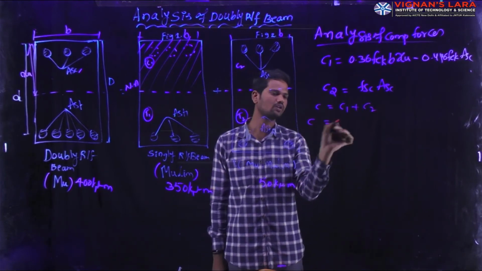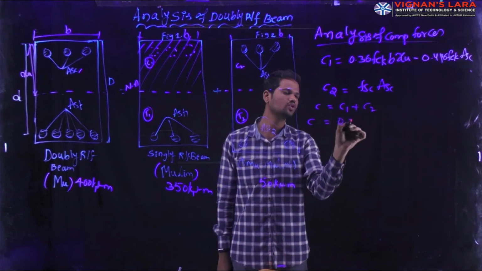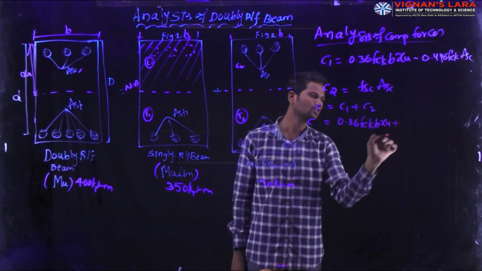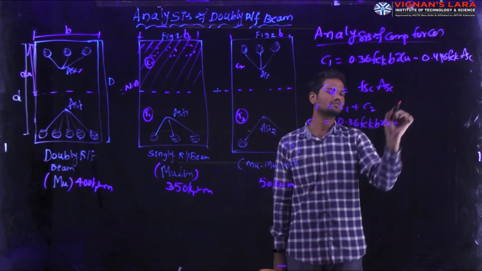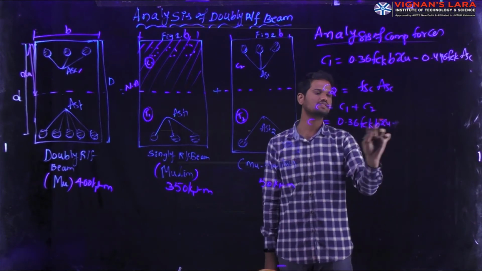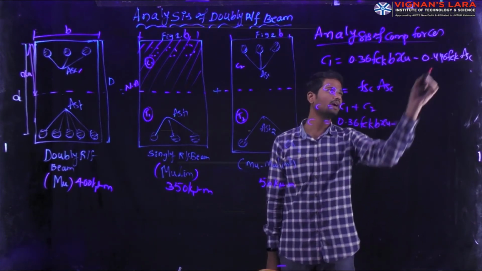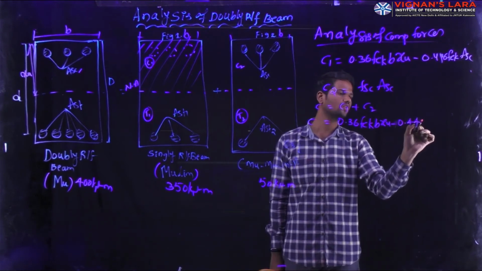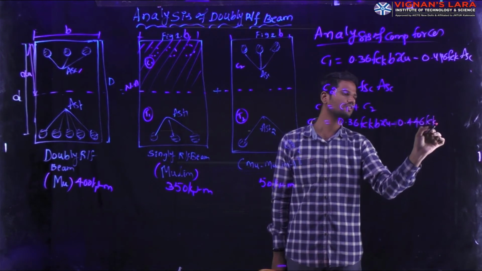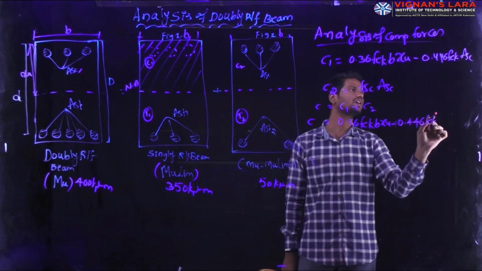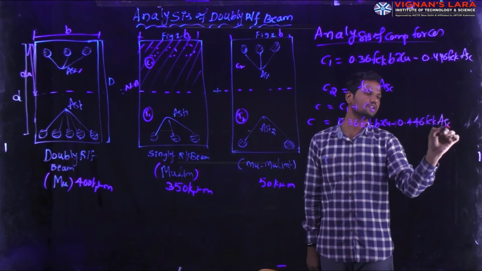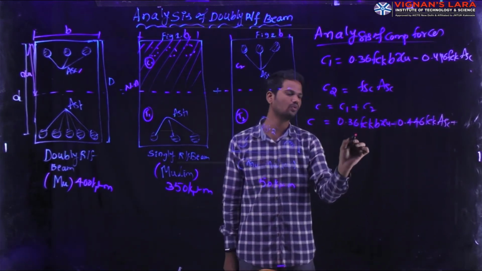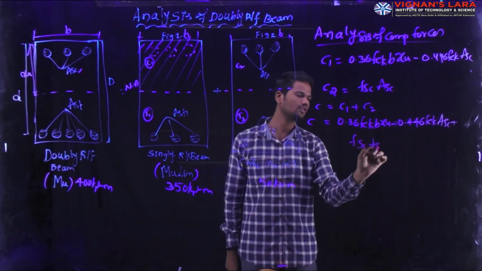That means C equals, where C1 is 0.36 into FCK into B into XU, minus the additional reinforcement compressive force, which we have to neglect. That means 0.446 into FCK into ASC. This is the additional steel reinforcement. This is the C1 value. As well, the C2 value is FSC into ASC.